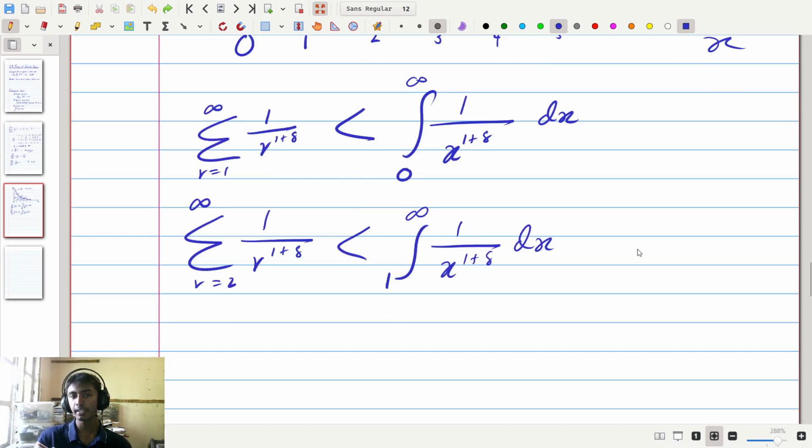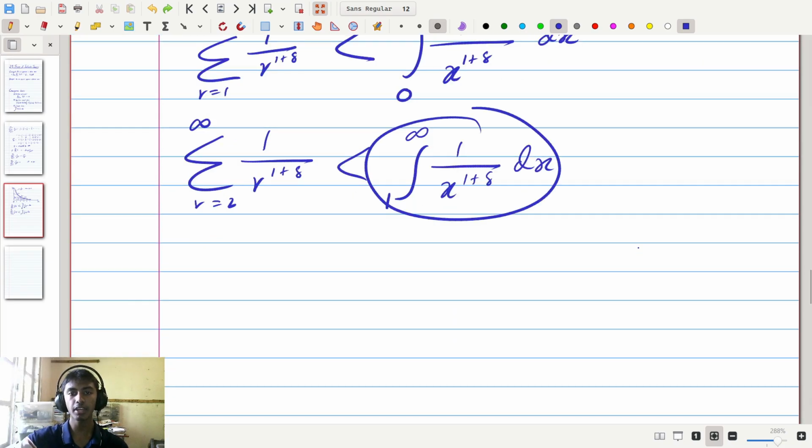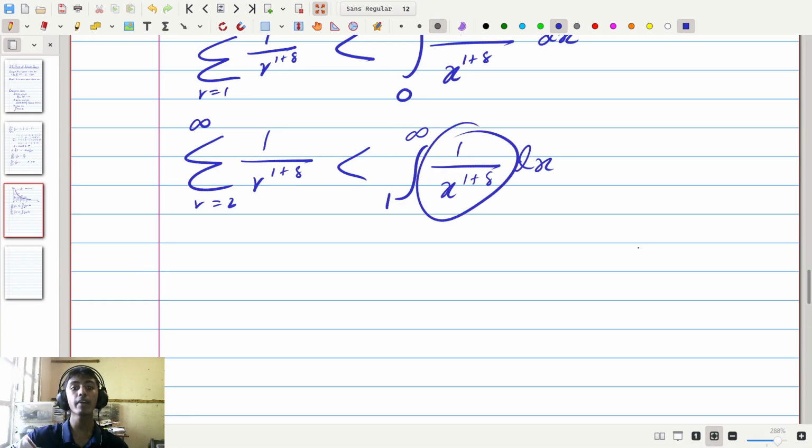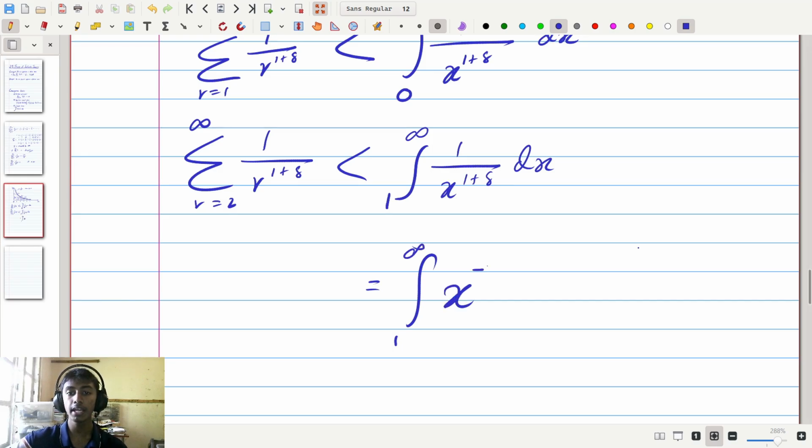So doing exactly that, considering the integral on the right side here, this integral is the integral from 1 to infinity of 1 divided by x to the power of 1 plus delta. Since the power here is on the denominator, we can write this as being equal to the integral from 1 to infinity of x to the power of negative 1 minus delta dx.